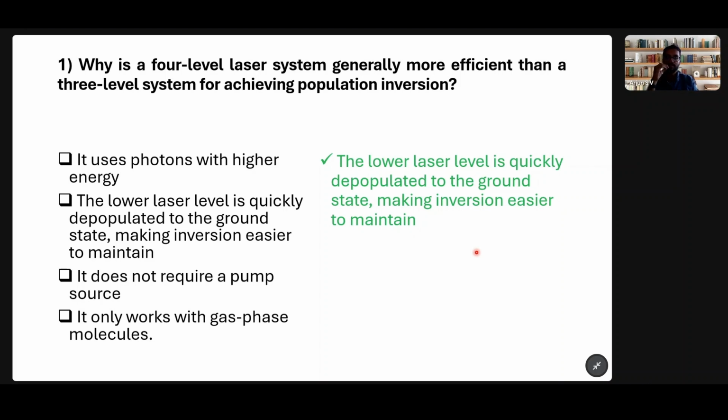So in whichever laser the spontaneous emission is faster, the efficiency will be higher. In the four-level laser system, the lower laser level is quickly depopulated, as in the spontaneous emission is faster. So this makes inversion easier to maintain, and the inversion lasts longer, which makes the four-level laser system more efficient than a three-level laser system.